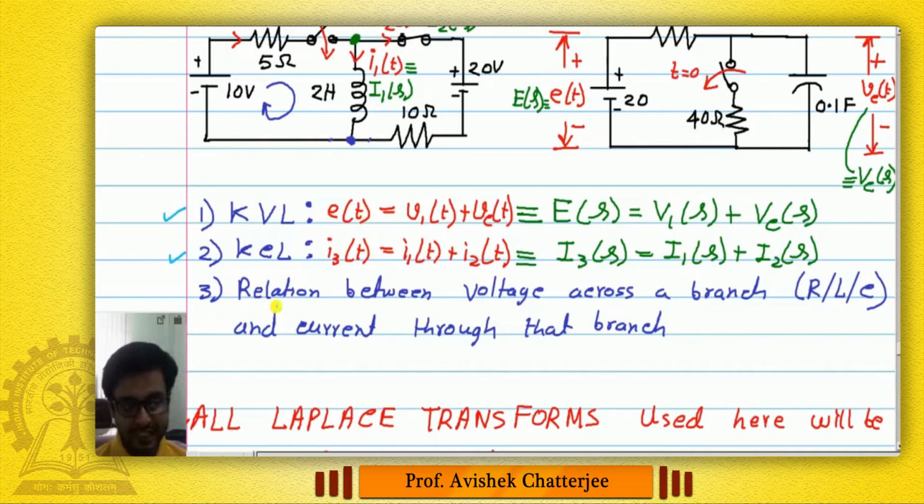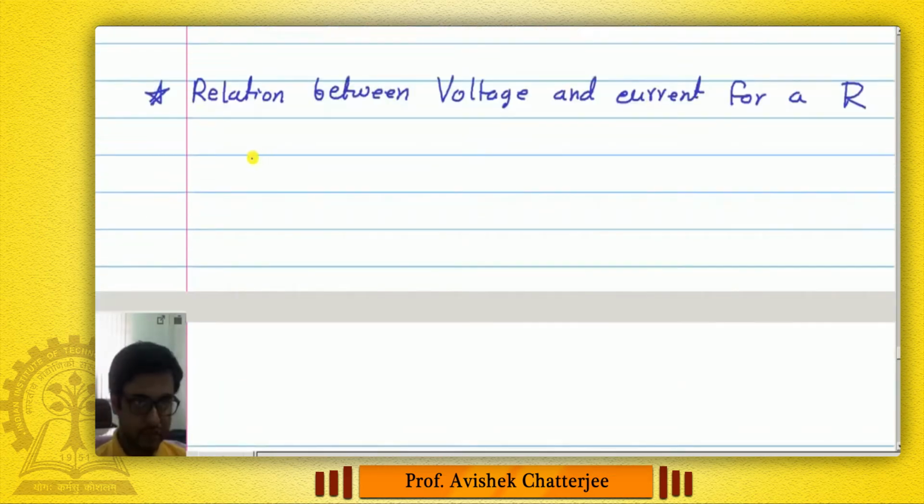Now we shall see how to write the relation between the voltage and current across a branch, that means across an R, L or C, using Laplace transform. Okay, great. So first we shall see relation between voltage and current for a resistance R.